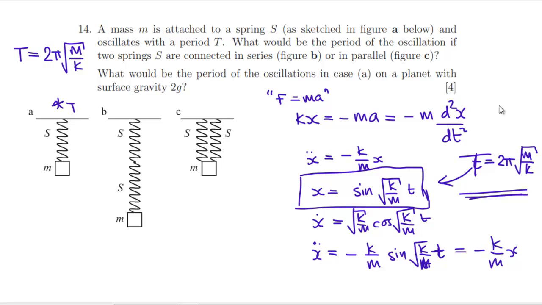It's not ideal having to go through that in an exam, because you would have spent a couple of minutes figuring it out. So if you've done enough work on springs and SHM, then that will hopefully be in your mind as to what's going on. Sometimes people remember the 2 pi root L over g. So if you're thinking, well, okay, that's our pendulum, what are we changing really here?